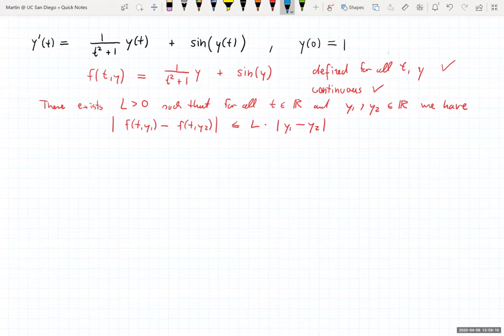Okay, this can be done as follows. So let's take 1 over t squared plus 1 times y1 plus sine of y1 minus 1 over t squared plus 1 times y2 minus sine of y2.